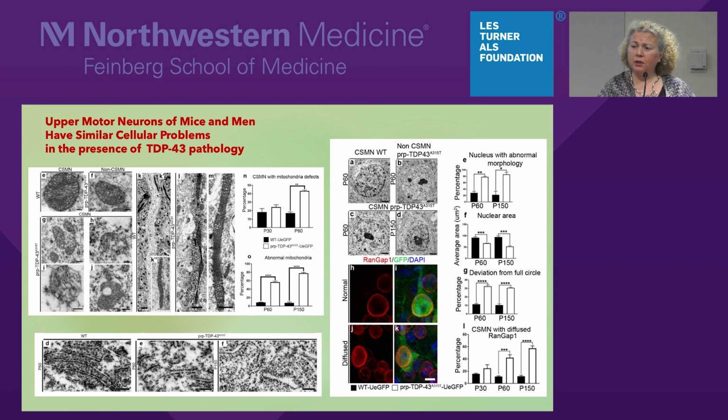And yes, our cytoplasm to nucleus transport is defective. So this made us realize that the upper motor neurons in mice and in men have similar cellular problems in the presence of TDP pathology. And you may remember Dr. Kalb's slide, where is the translation? We think the translation is at the cellular level, that the cells, regardless of different species, actually face the same problems.